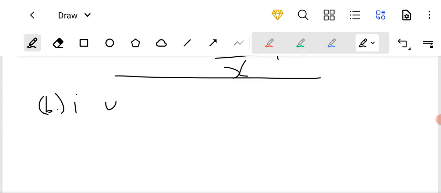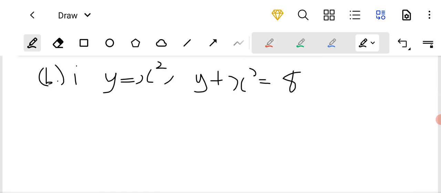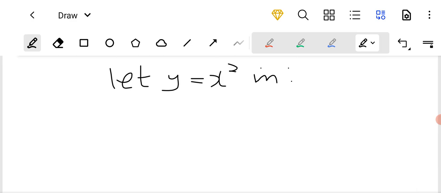We have y is equal to x squared, and then you have y plus x squared is equal to 8. Since you already know what y is from this equation, let y be equal to x squared in y plus x squared equals 8.